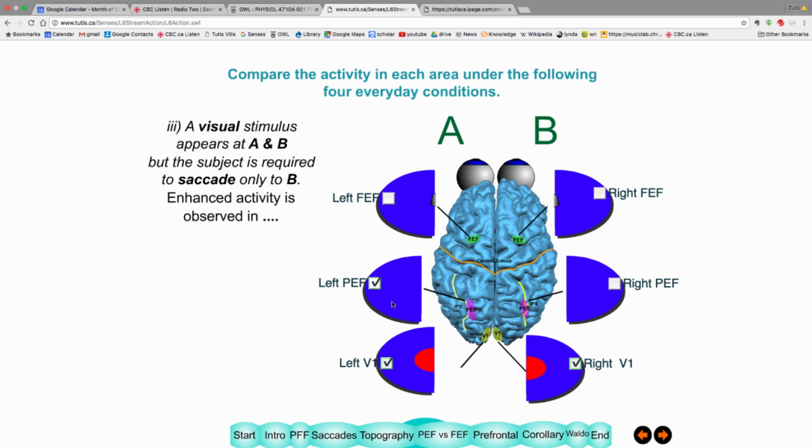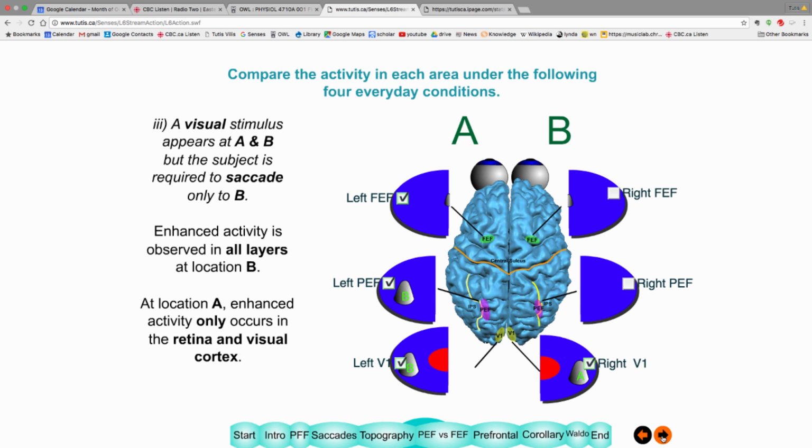Yes, because you want to make a saccade to B, and that's on this visual field, so it's going to be represented over here. And then right FEF? No. Left FEF. Good. And that's indeed what will happen. So you see these hills of activity appearing in all those locations. You then look to B, and again there's activity in the fovea after the movement is completed.